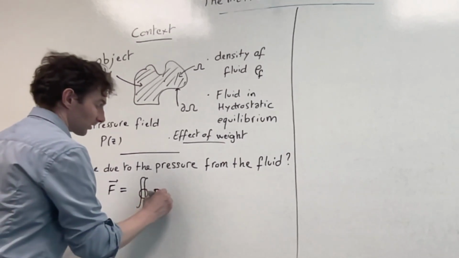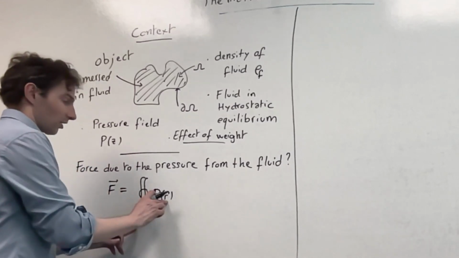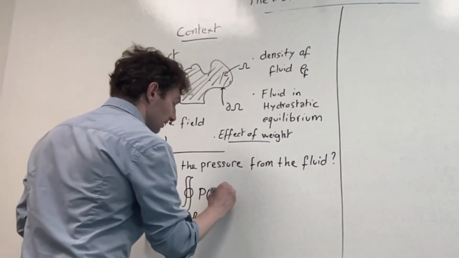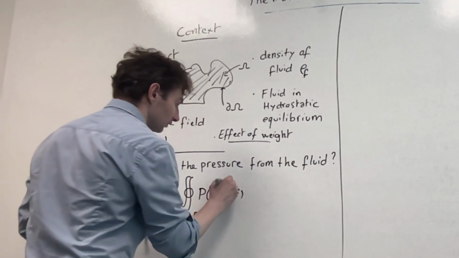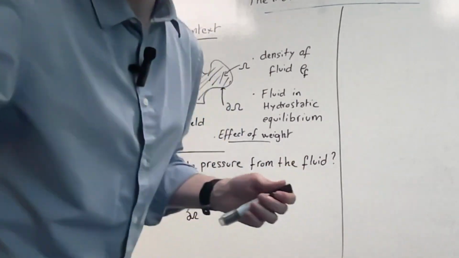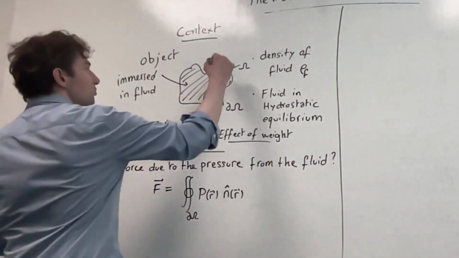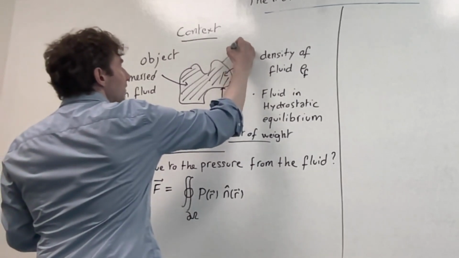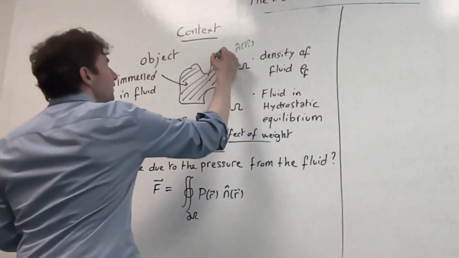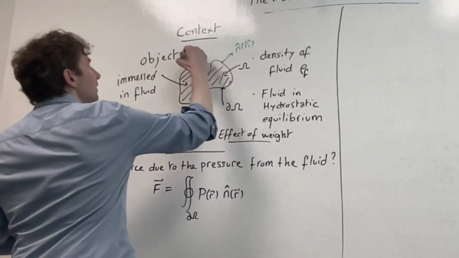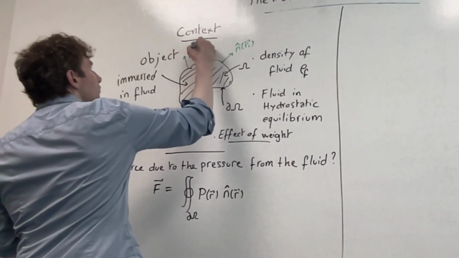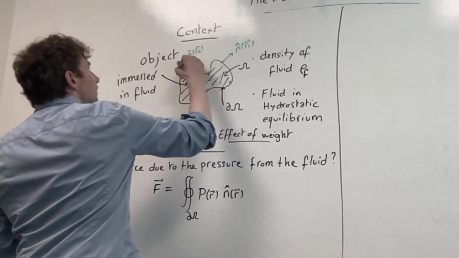Let's imagine for now that I'm at different locations on the surface. Then I need to put here n of r, which represents a normal vector at r, and usually this is a normal outward vector. So let's say this is the location r1, and here you may have n of r2, if this point is called r2.